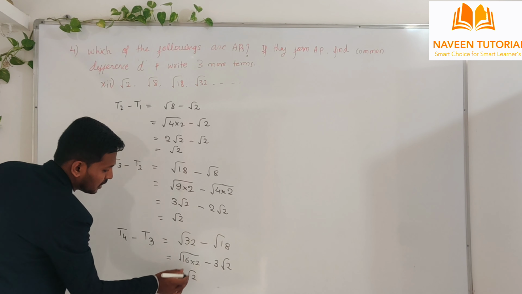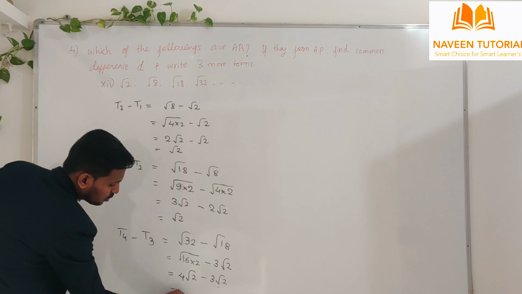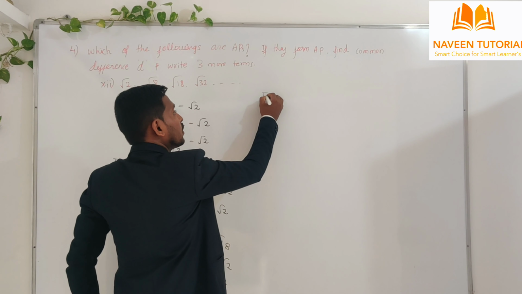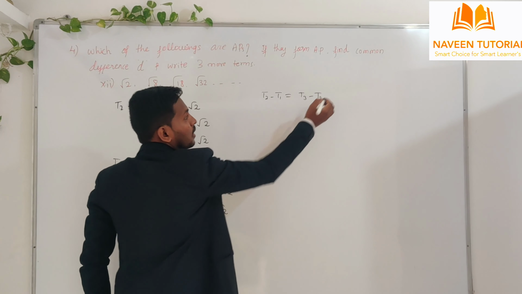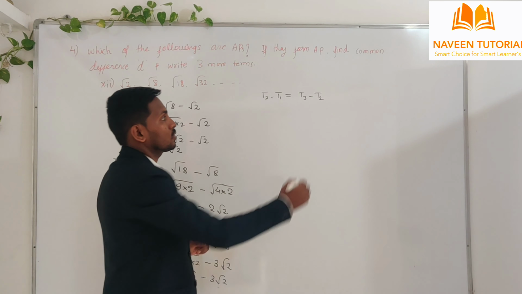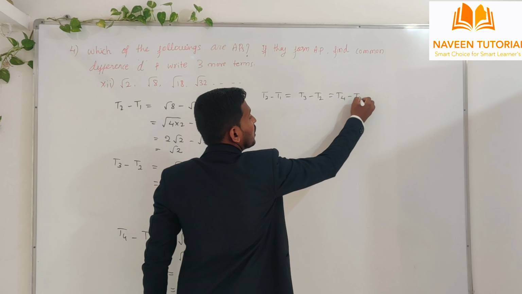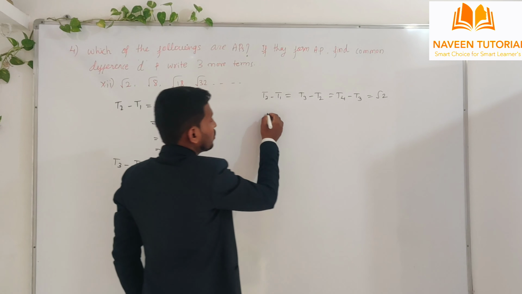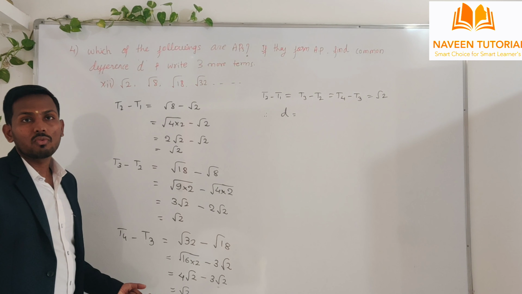Because root 16 is 4, 4 root 2 minus 3 root 2 is equal to root 2. So T2 minus T1 is equal to T3 minus T2 is equal to T4 minus T3 is equal to root 2. Therefore the given situation forms an AP.